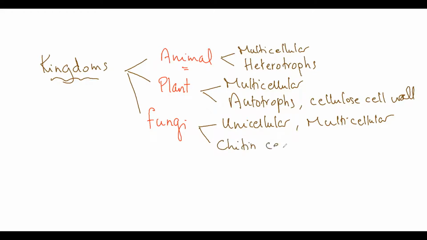Cell wall. Chitin is a polysaccharide or something like a carbohydrate together with a lipid. The cell wall here is not made by cellulose, and the way by which they reproduce is different from that of plants. So they spread by what's known as sporing or spore propagation. Now, what's a spore?